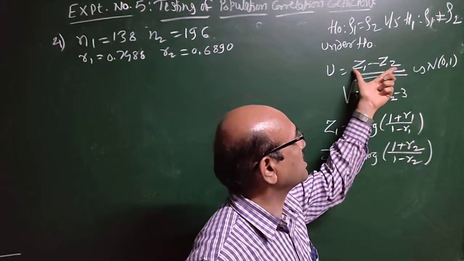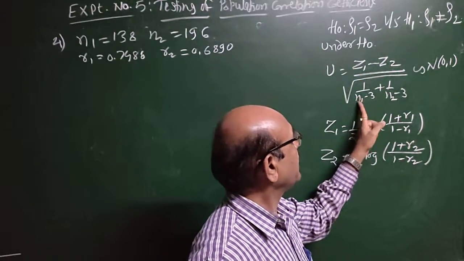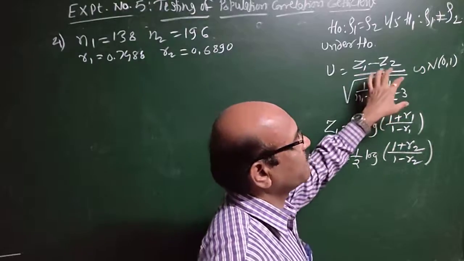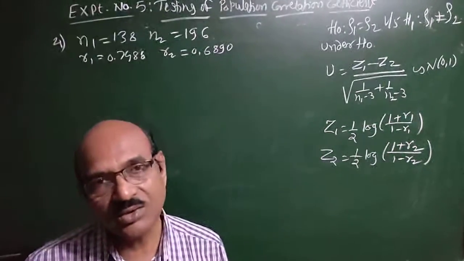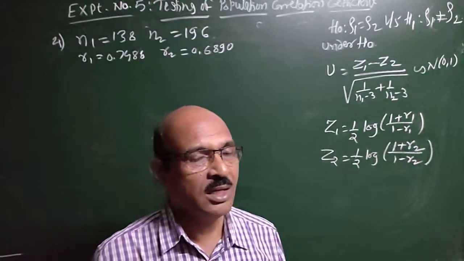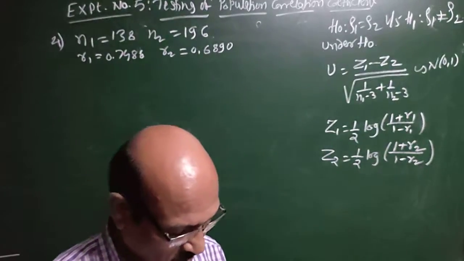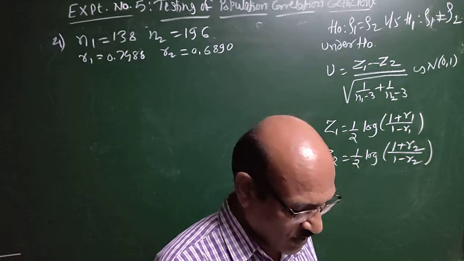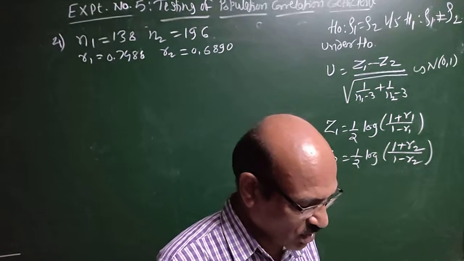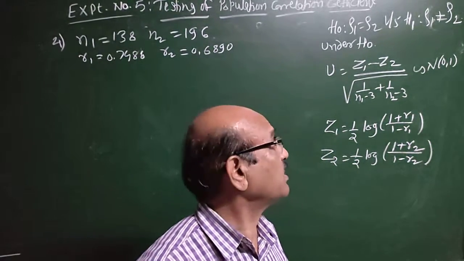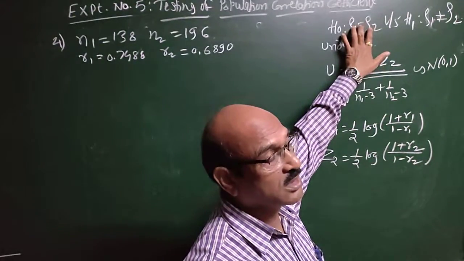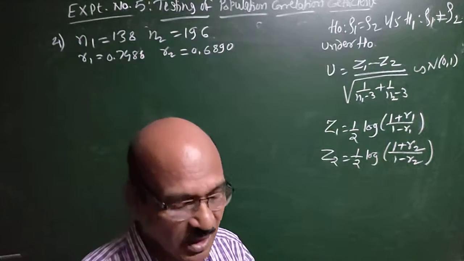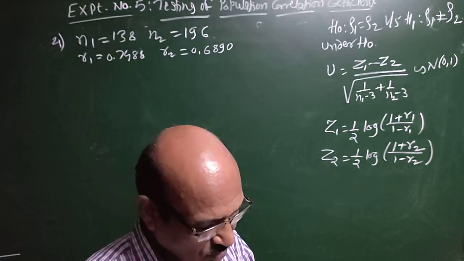Use this formula, Z1 minus Z2 divided by the square root with N1 as 138 and N2 as 196, simplify this, get the U calculated and test against 1.96. And what is your question? Is it reasonable to consider that the population correlations are the same? If it is accepted, then the population correlations are the same. If it is rejected, then the 2 population correlations are not equal. That way you can give the decision.